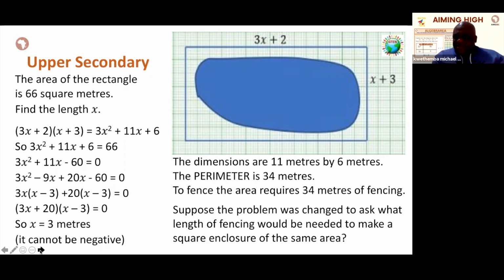When you multiply those two numbers, you will for sure realize they give us the 66 which we are given there. If one asks, find the perimeter of this particular shape, we know that the perimeter is the distance right around the geometrical shape, in this case the rectangle. And that gives us a perimeter of 34.